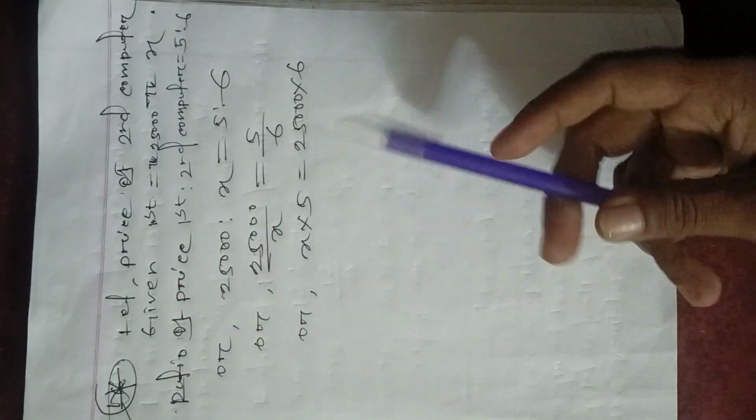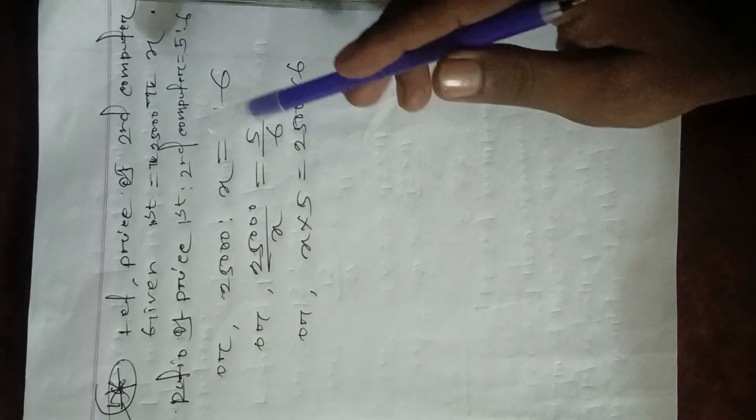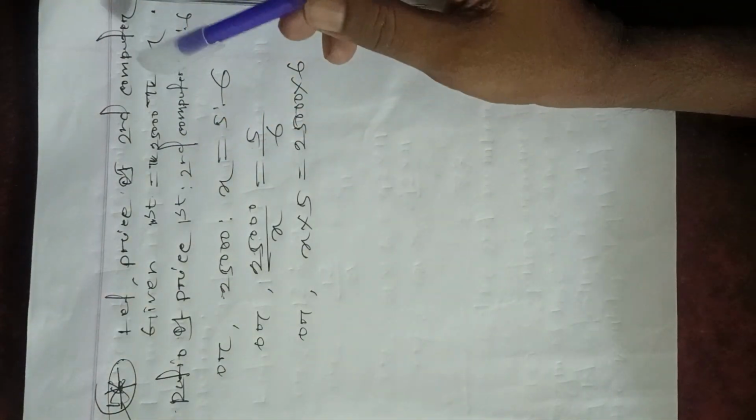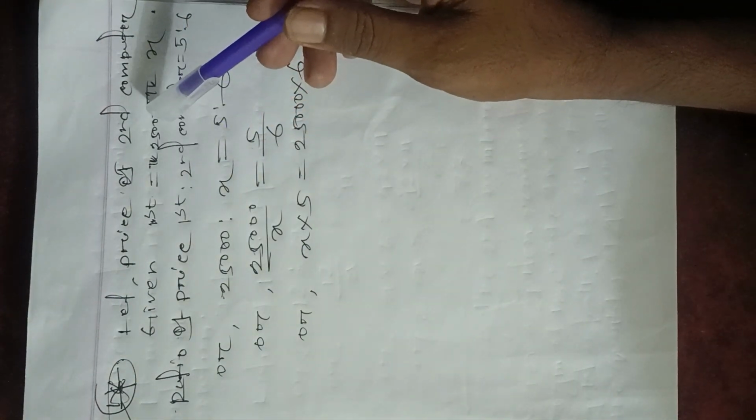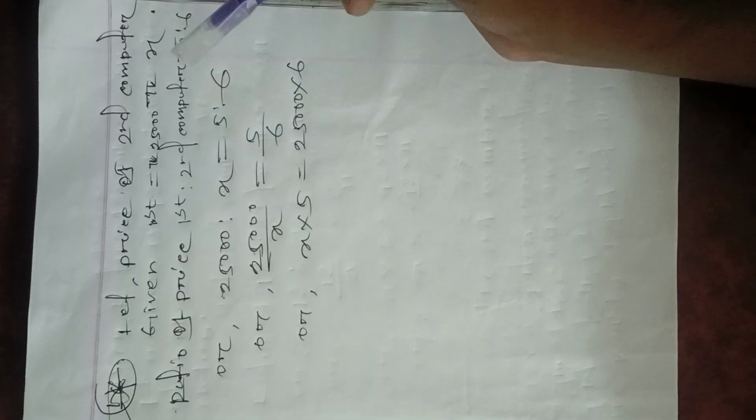Dear students, there is another problem. Problem number 6. Here the price ratio of 2 computers is given as 5:6. The price of the first computer is 25,000. Determine the price of the second computer.